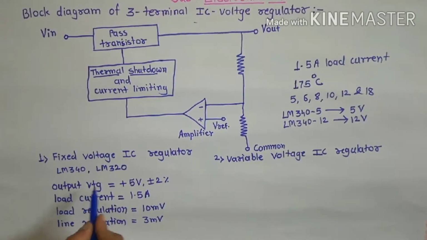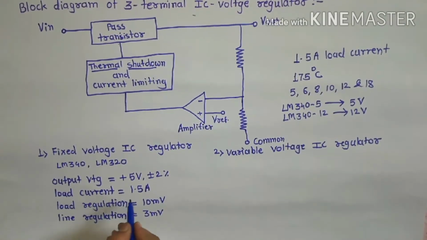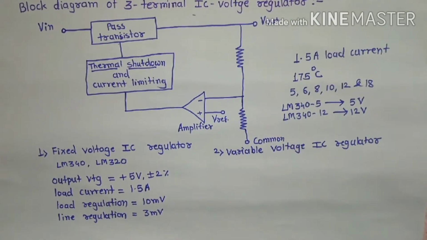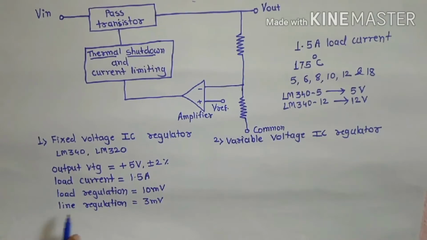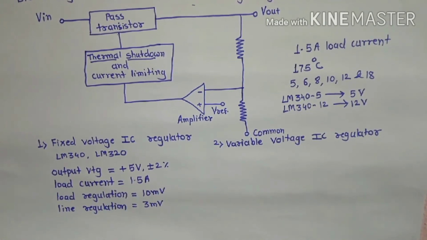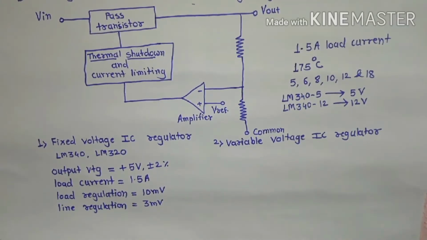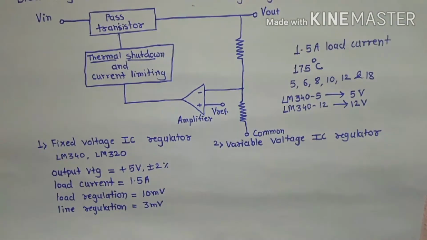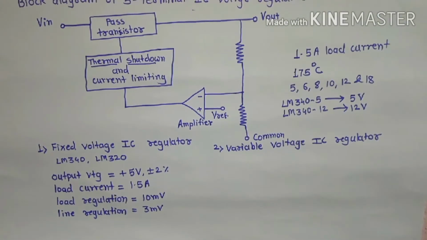These are the specifications of the fixed voltage IC regulator. It gives a load current of 1.5 ampere. The output voltage is plus 5 volt. Load regulation is 10 millivolt and line regulation is 3 millivolt. Then the second type is the variable voltage regulator. In this case, a variable resistor is used to vary the voltage.